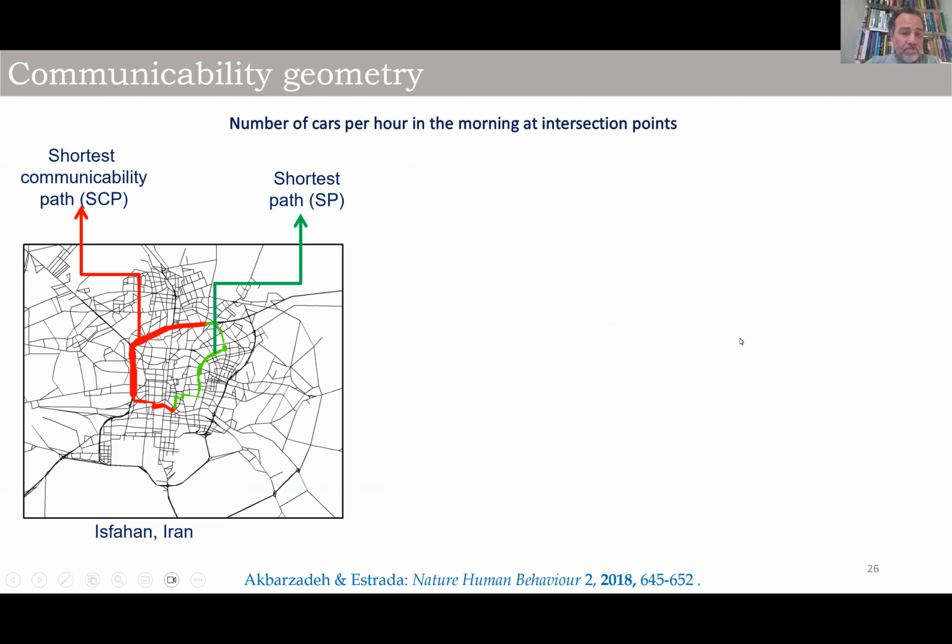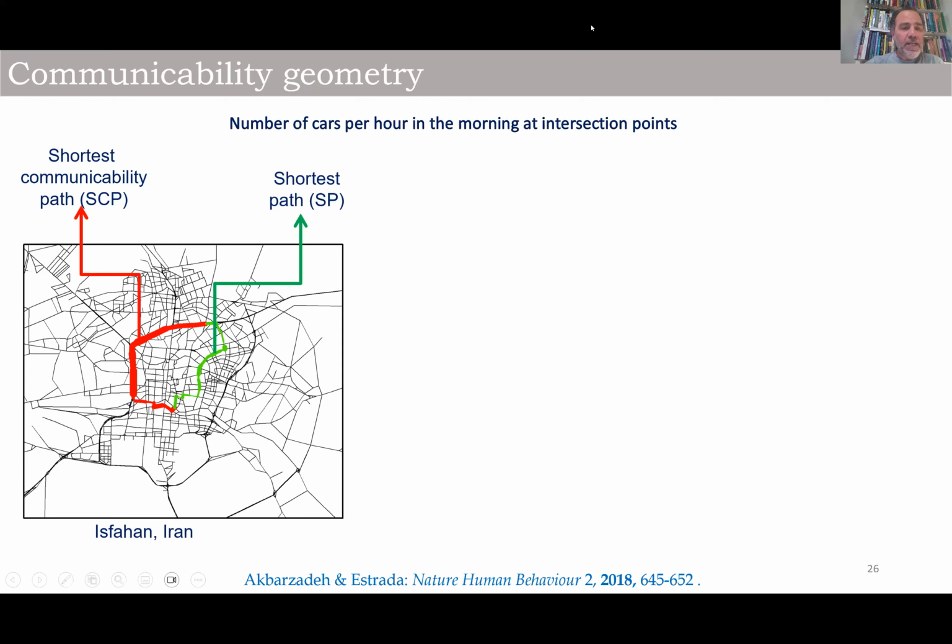So we can think about the brain, for instance, as a complex system in which diffusion is very important, but maybe we are not thinking about traffic in a city. Well, this was exactly my idea when I started this collaboration, and what comes as a surprise is this.